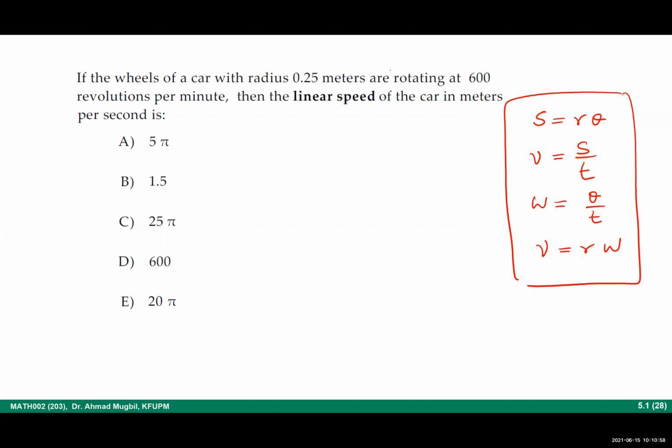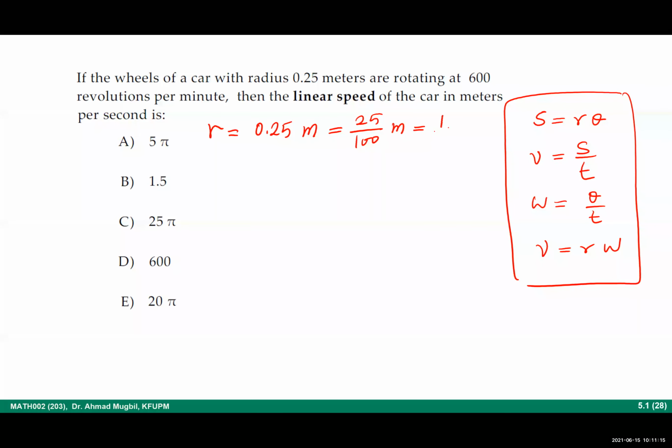If the wheels of a car with a radius 0.25 meters, so here R is equal to 0.25 meter, which is, by the way, 25 over 100. You can keep it as it is, or you can write it as 1 over 4 meter, as the problem will tell you what to do.